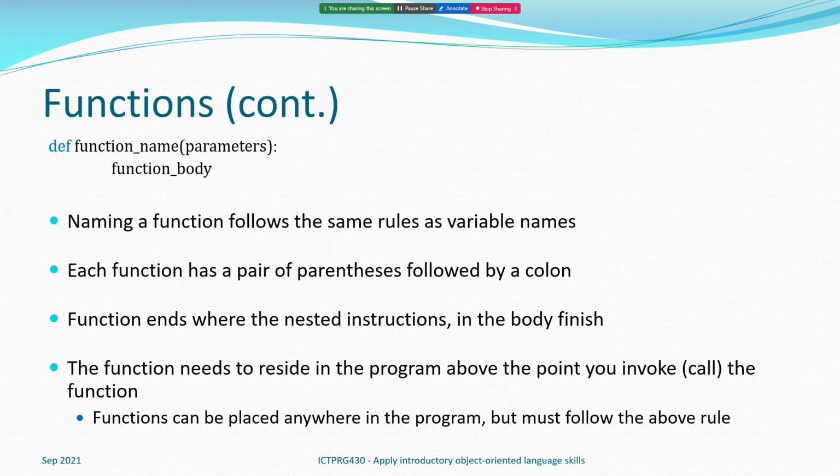So the naming convention for a function is basically the same as the variable names. So in other words, it's got to start with a character, it's got to be upper and lower case, numbers and underscores. Each function has to have a pair of parentheses for your parameters to be nestled in.